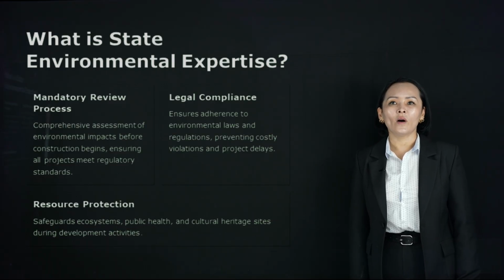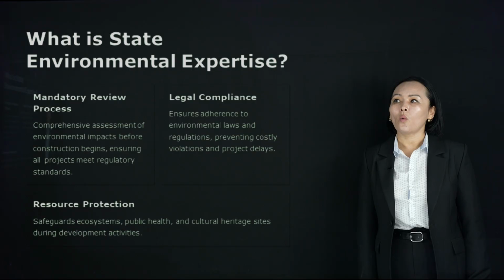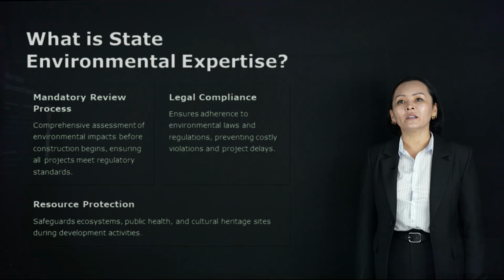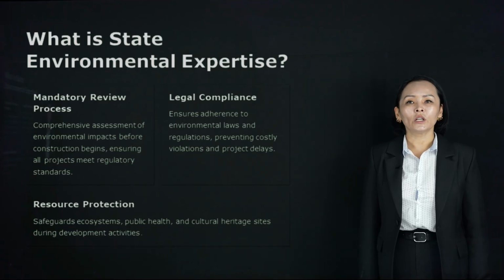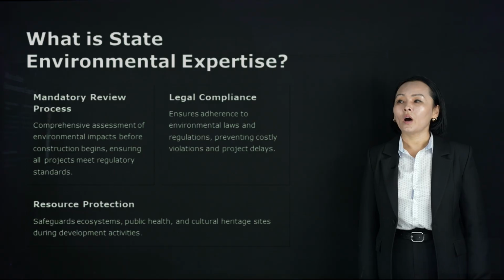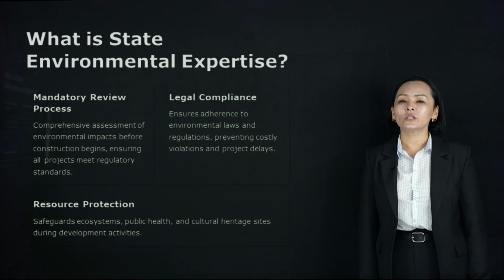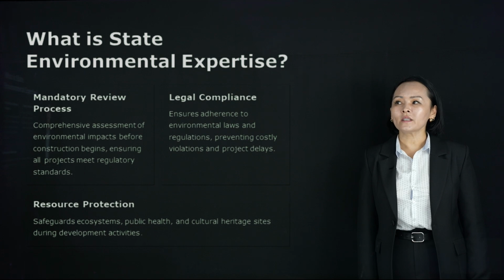And in our lecture, you can see what the state environmental expertise is. The state environmental expertise includes three steps. At first, mandatory review processes, legal compliance, and resource protection. What is the mandatory review process?